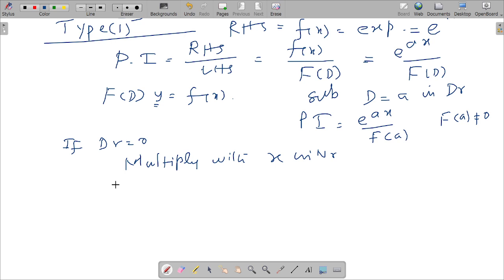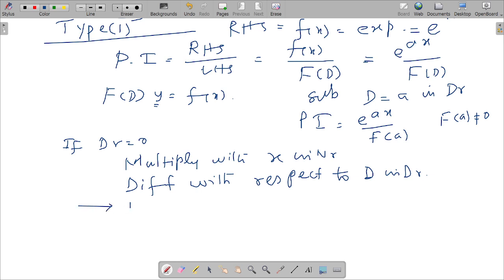Multiply with x in the numerator and differentiate with respect to D in the denominator. That is, repeat the same step until the denominator is not equal to 0.